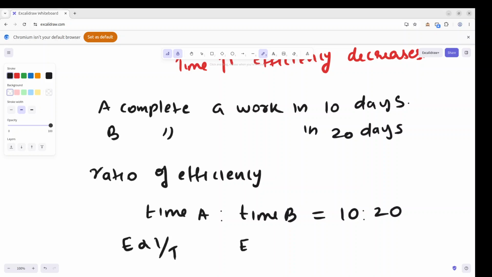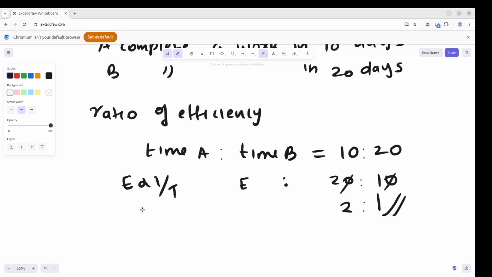So the efficiency ratio is 20:10, that is 2:1. So the efficiency of A and B is 2:1. From this, what did we get? A is twice as efficient as B.